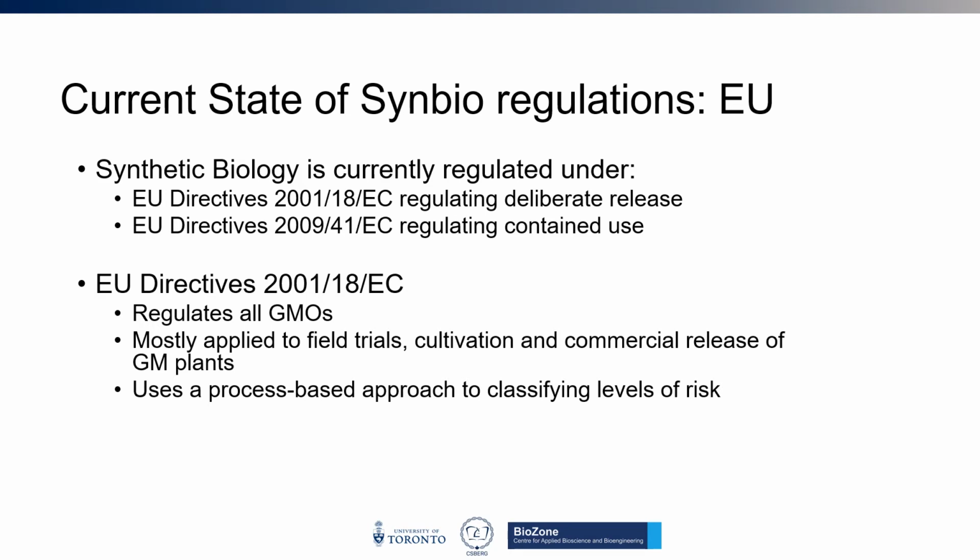It is very much a process-based approach of qualifying risk, depending on what technology was used to create that organism. So is it CRISPR or gene editing, or is it maybe some kind of cross, or some kind of plasmid that you're integrating into the genetically modified organism? The risk level assigned by the EU on those organisms is based on what process was used to develop them.